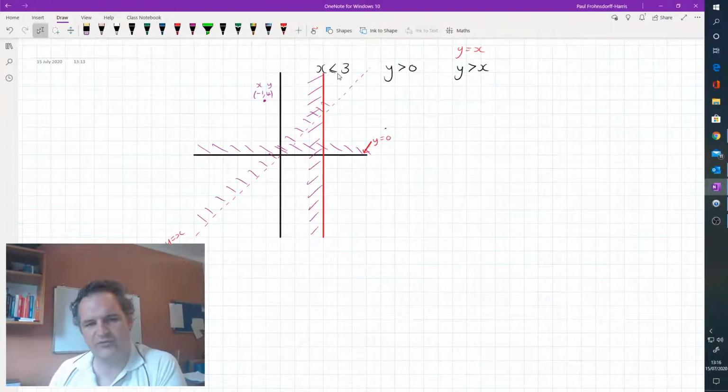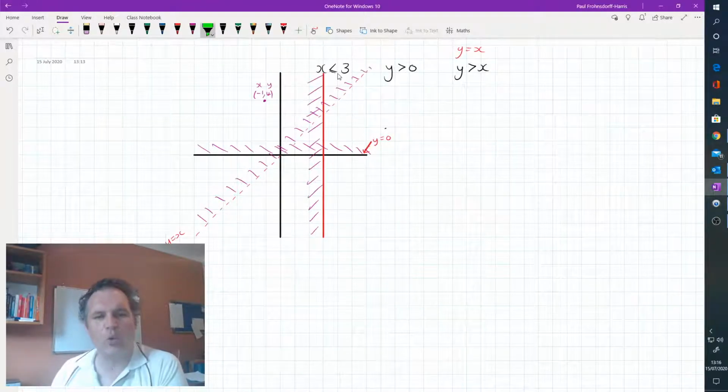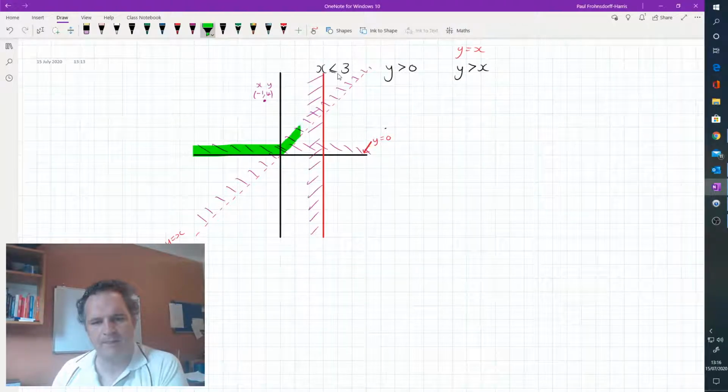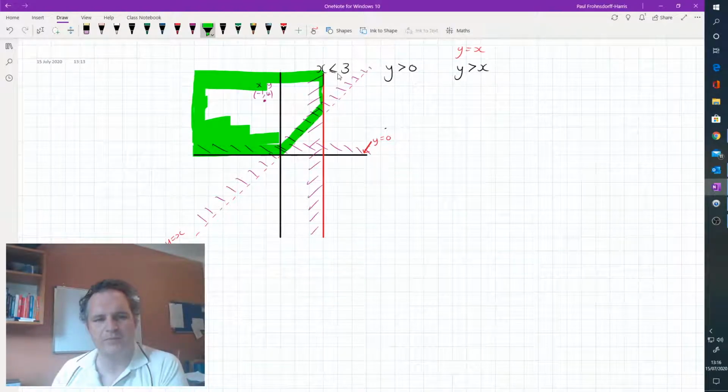And you'll notice there is a specific region here I can shade in that meets all criteria, and that would be there, there, and there, and then we can colour in all the rest of the graph that is in that region. So this region represents all the possible values.